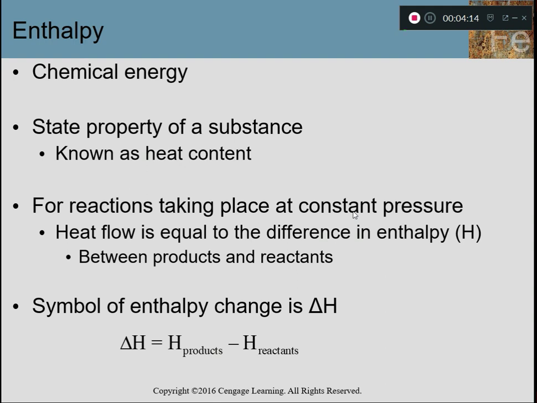There are a couple of great videos on enthalpy on OneNote that do a much better job than I do explaining this, but the concept is a cop-out way of saying that when a molecule or a series of molecules react, they are going to release or absorb energy. They're either going to be exothermic or endothermic.